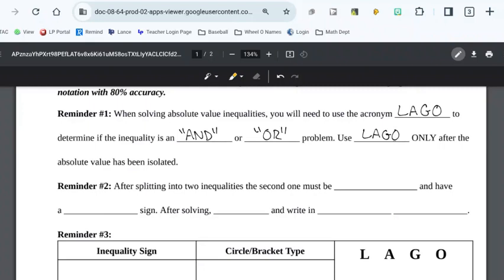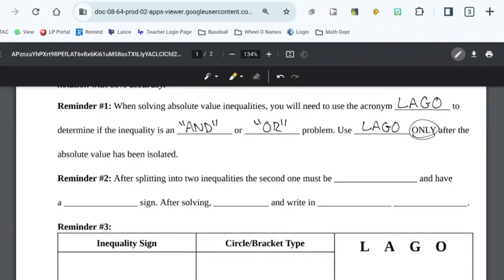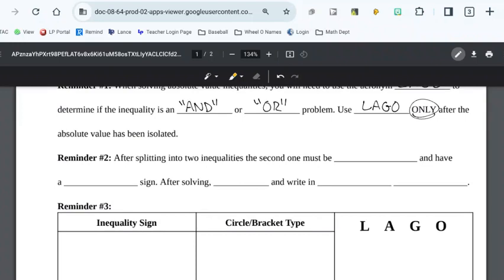We use LAGO only, can't stress that enough, only after the absolute value has been isolated. We really focused on that in our notes yesterday, isolating the absolute value, and then we look to LAGO to see if it's an AND or if it's an OR problem.